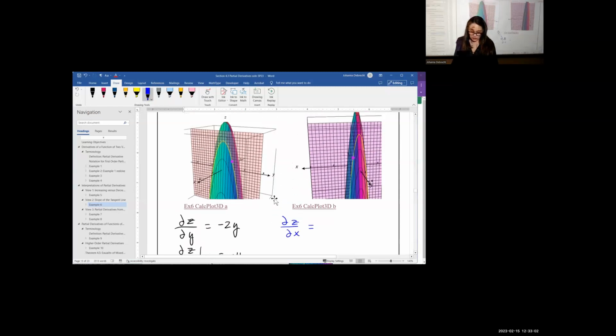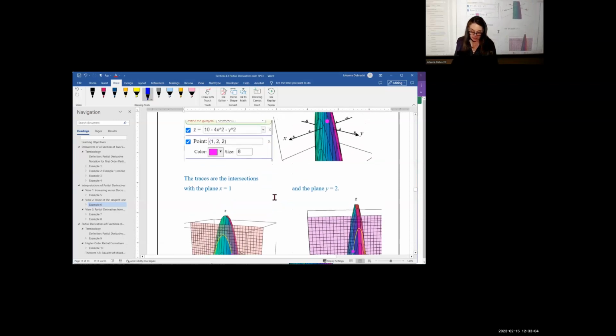All right, and let me scroll up so you can see the equation again. There it is. So somebody turn on your microphone and tell me what the partial with respect to x is.